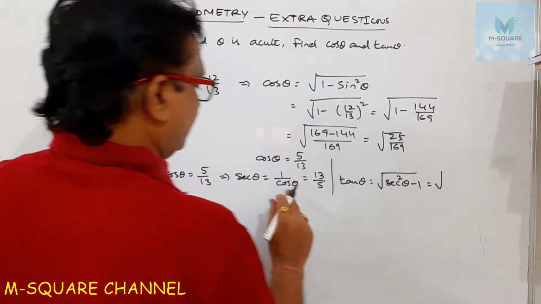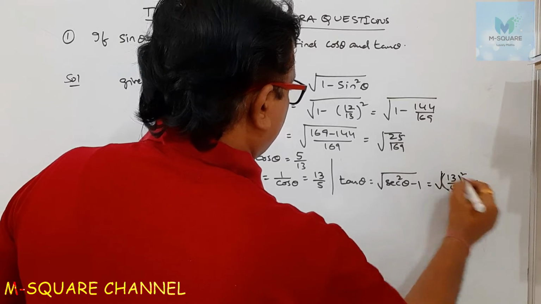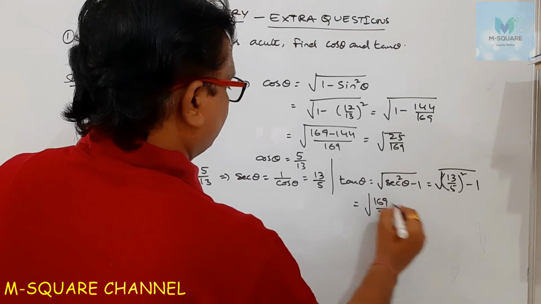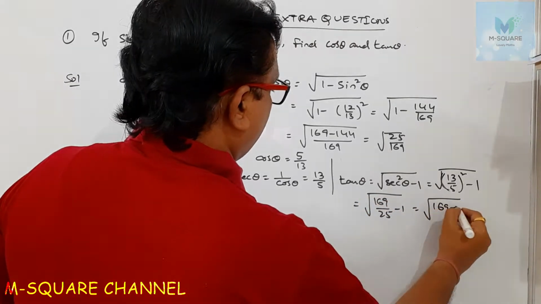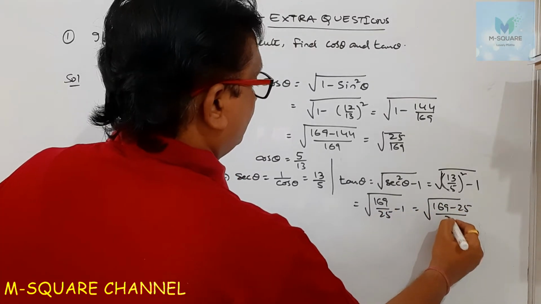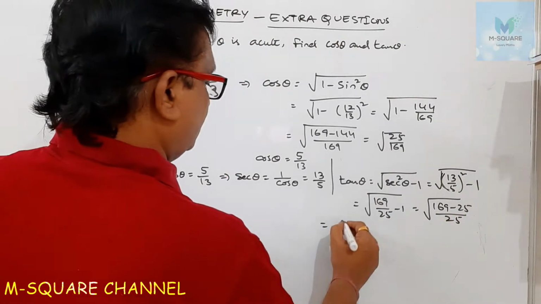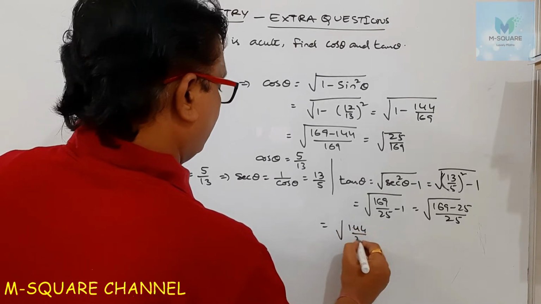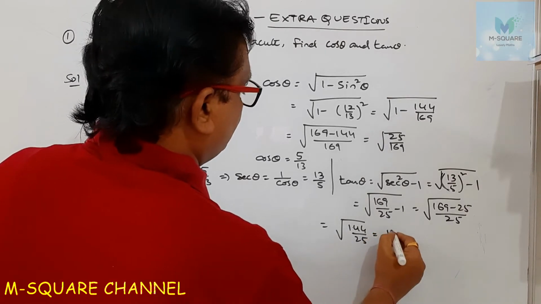So what is the value of secant square theta? 13 by 5 whole square minus 1. So root of 169 by 25 minus 1, that is root of 169 minus 25 by 25, so root of 144 by 25, which is 12 by 5.